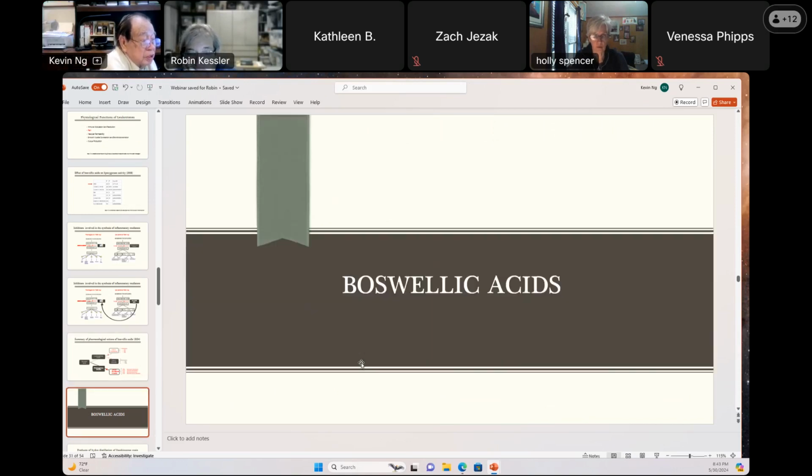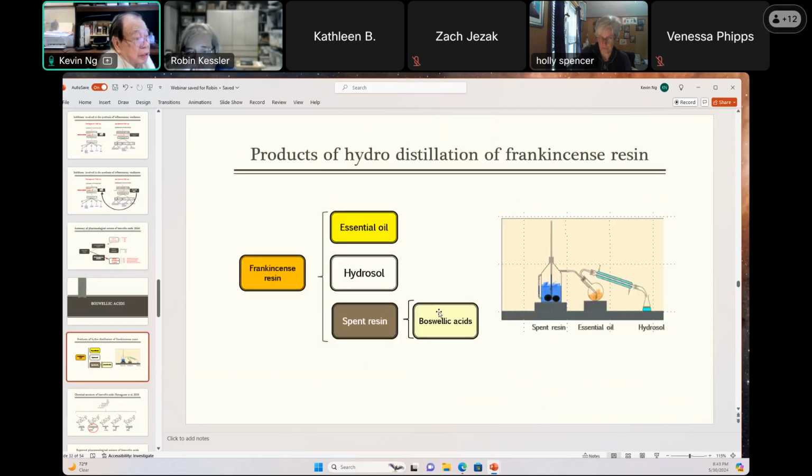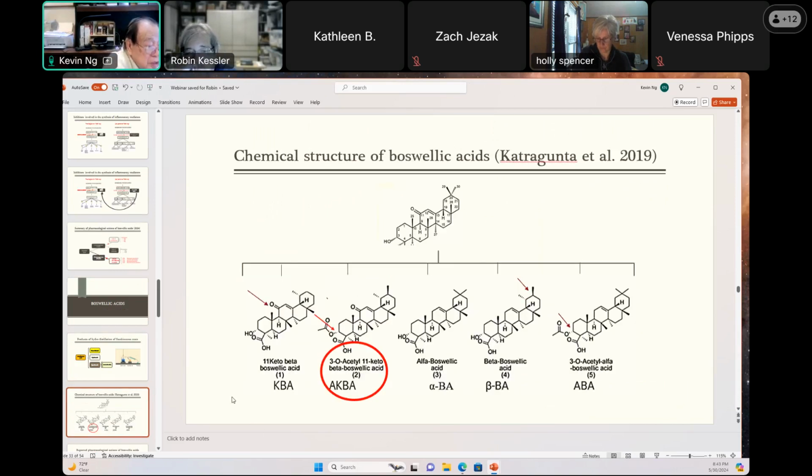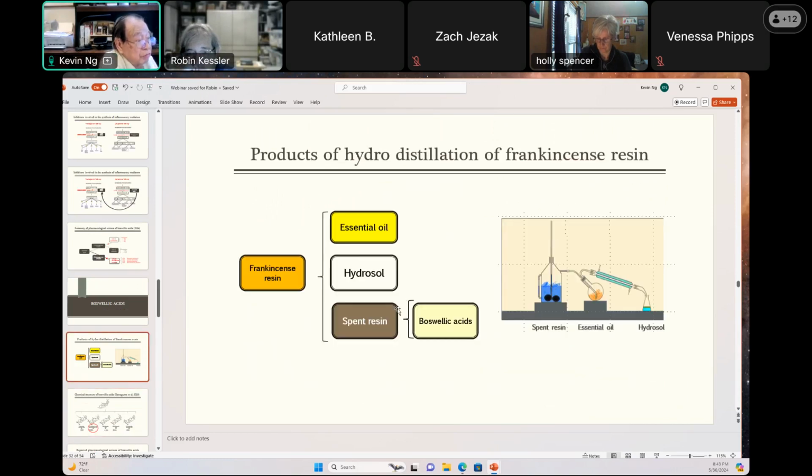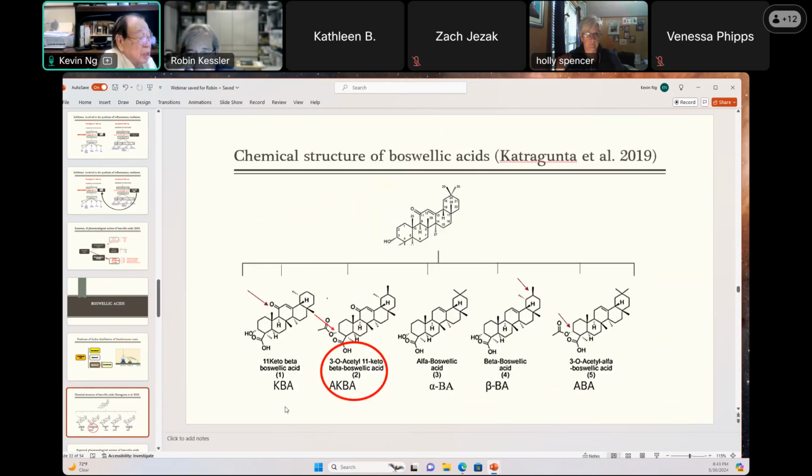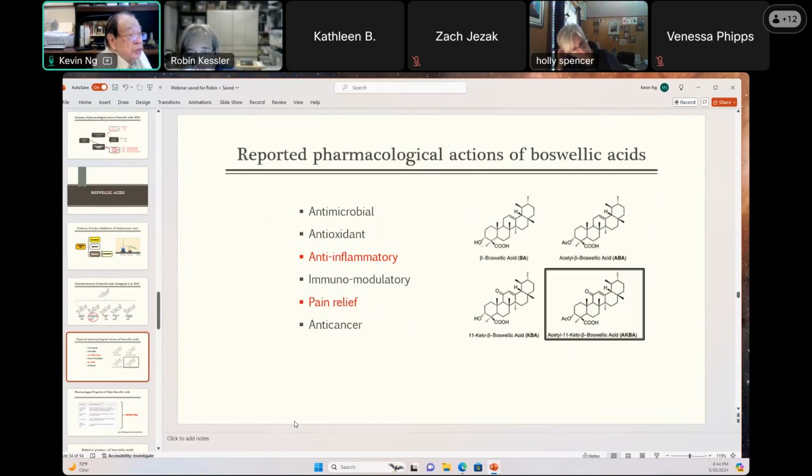Now, what studies have been made with this boswellic acid? Let's go back to the beginning. From the frankincense, we get this biomass after distillation, the boswellic. This is a mixture of several boswellic acids. The most potent one is AKBA. What do they do?